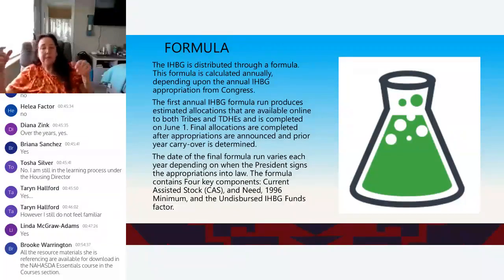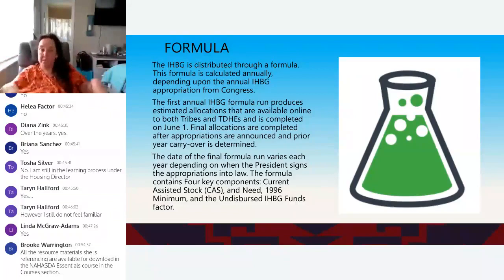Your IHBG is distributed through a formula calculated annually, depending on the annual appropriation that we get from Congress. Your first formula run produces our estimates, okay, that are available online, usually by June 1st. Our final allocations are completed when those appropriations are announced and our prior year, what they call carryover, is determined.